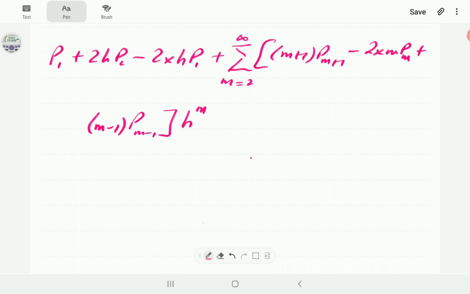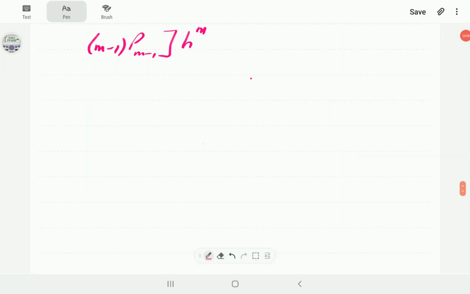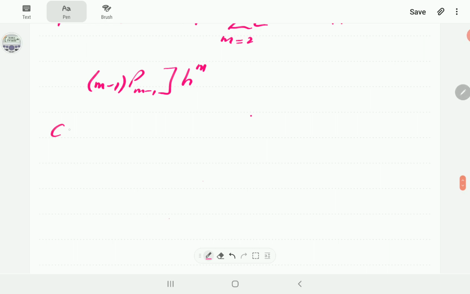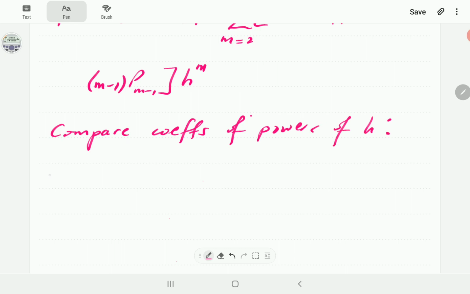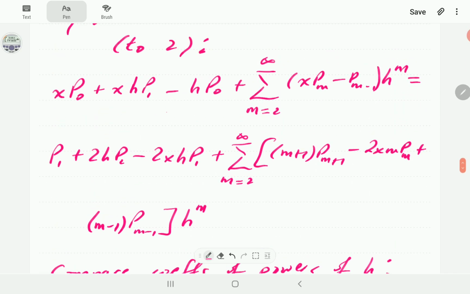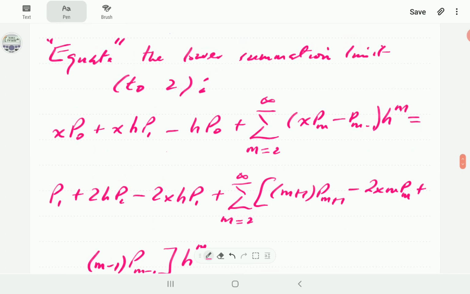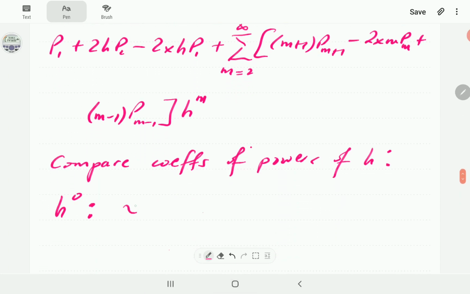Okay, we're almost there now. So next what we need to do is compare coefficients of powers of h. We're going to start with h to the power 0. On the left hand side, the terms involving h to the power 0 is just this one, so we have x times p_0.